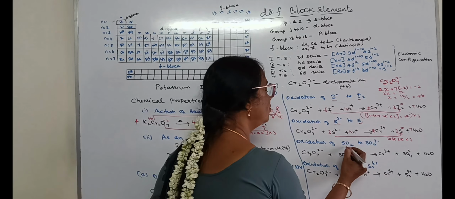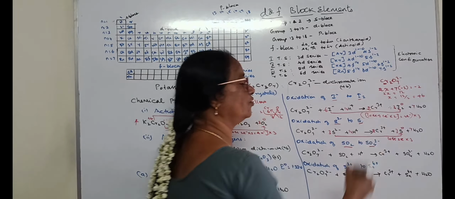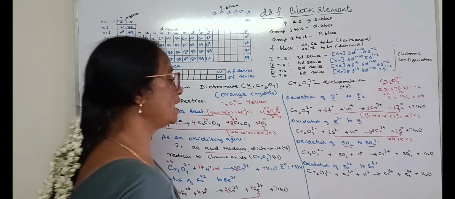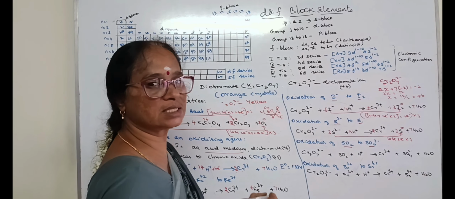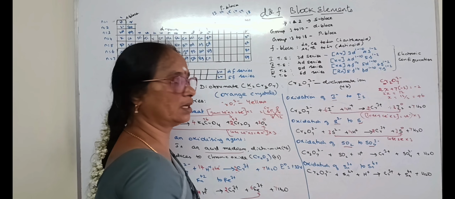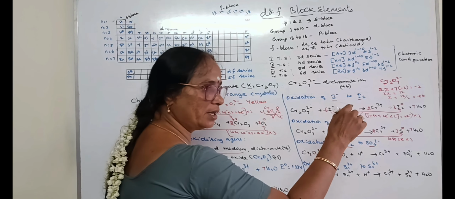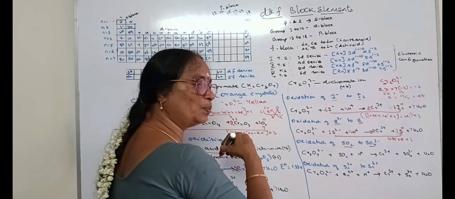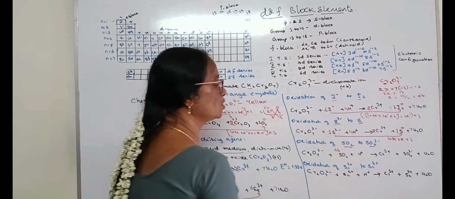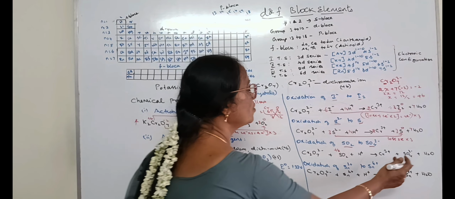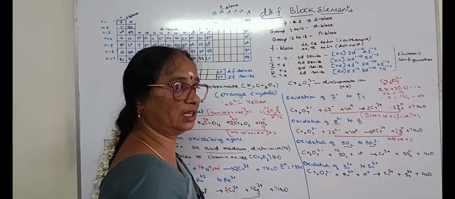Oxidation of sulfur dioxide to sulfate. So sulfur dioxide, we should find what is the oxidation state of sulfur. Oxygen -2, 2 into -2 is -4, so sulfur equals +4. Now what about the oxidation state of sulfate?